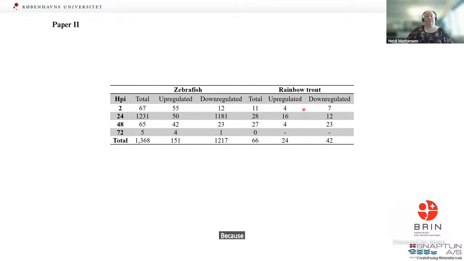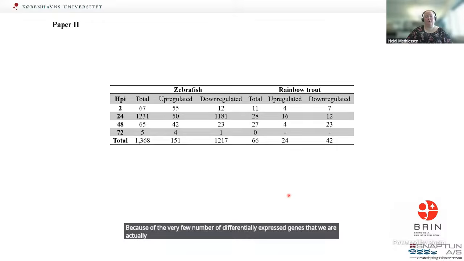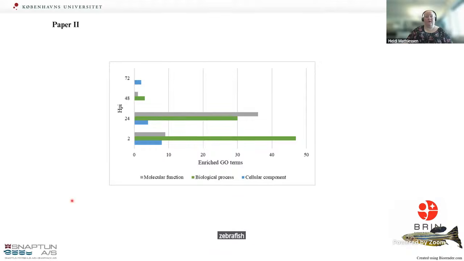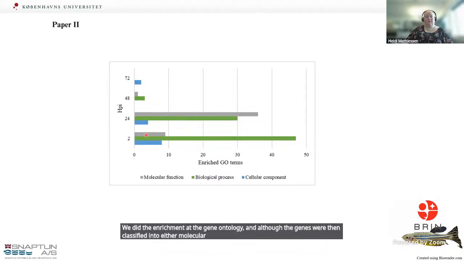Because of the very small number of differentially expressed genes that we got for the rainbow trout, we could not do the enrichment analysis for those, so the next results presented will only be for zebrafish. We did the enrichment at the gene ontology level, and all the genes were classified into either molecular function, which is the gray, biological process, which is the green, sorry, and then cellular components, which is the blue one.